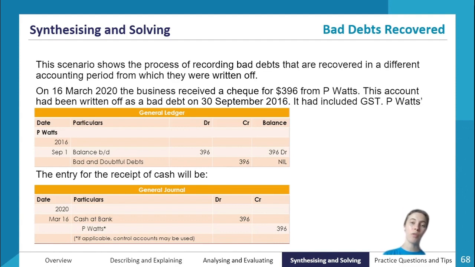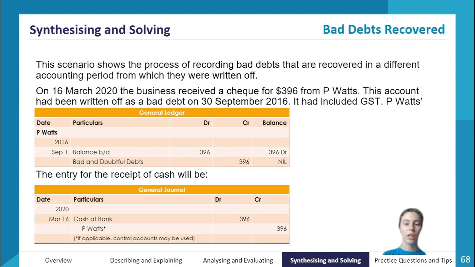So you've written them off in a previous accounting period, and maybe years later, someone then pays off their bad debts. So in this case, in 2020, a business received a check from a previous accounts receivable, and it had already been written off years earlier, and it had included GST.